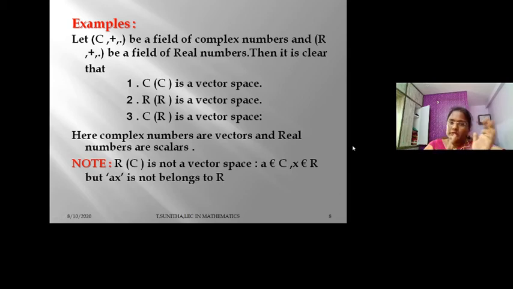Whatever is outside the bracket is the vector space. So to become a vector space, three conditions should be satisfied. What are the three conditions? So (V, +), V means vector space. Here the vector space is C. (C, +) is an abelian group. We know that because it is a field. (C, +) is an abelian group.